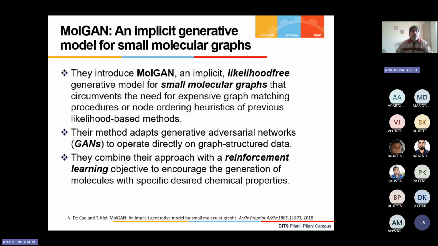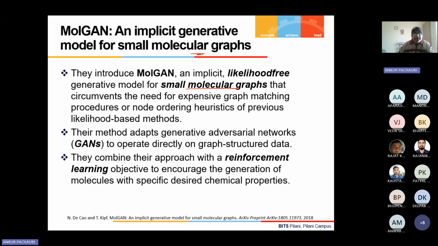So they introduce Molgen, an implicit likelihood-free generative model for small molecular graphs, for biological data only, that circumvents the need for expensive graph matching procedures and node ordering heuristics of the previous likelihood-based methods.